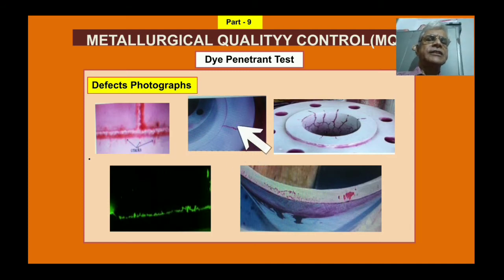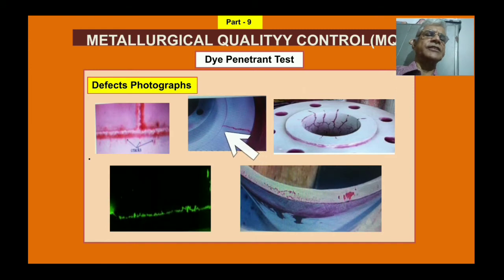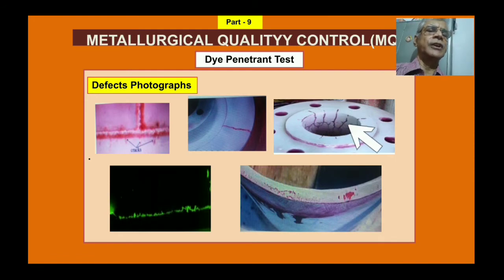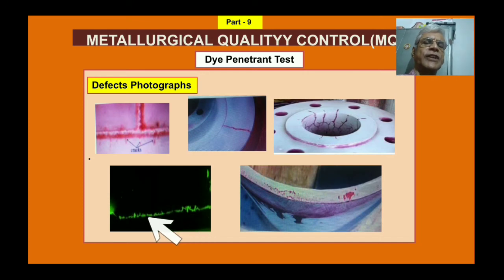Okay. In this also you see this white powder, on that this red indication is there of crack. Here also you can see a number of cracks which are inside and coming on the surface. This is the white powder applied. And this I was telling you about the fine cracks which can be seen under dark light, black light, and the fluorescent penetrant is used instead of red dye.